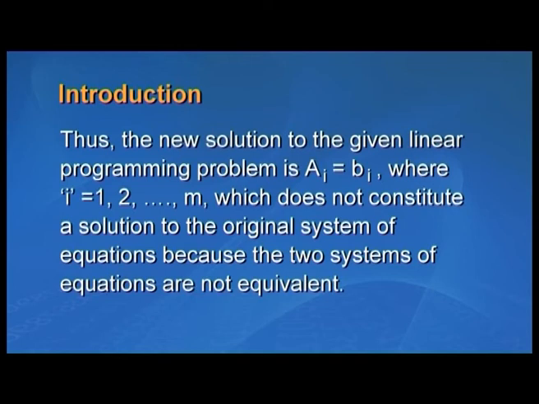Thus, the new solution to the given linear programming problem is ai is equal to bi, where i is equal to 1, 2, up to m, which does not constitute a solution to the original system of equations because the two systems of equations are not equivalent.